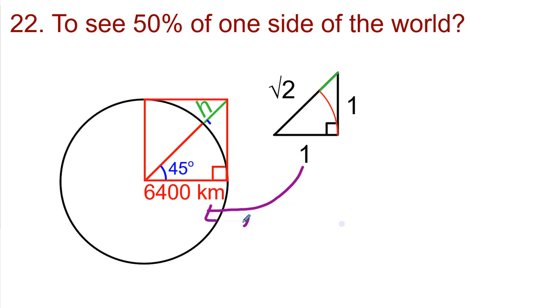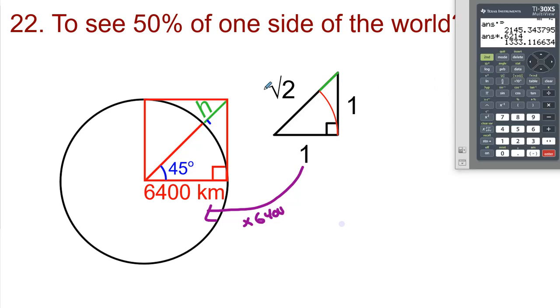So that's just going to be times 6,400. So what does this one turn into? 6,400 radical 2 kilometers, right? So if I just want to know the height above there, not the distance from the center of the Earth, but the distance above sea level, which is how we would measure the height or the elevation of the International Space Station, all we would have to do is take radical 2 minus 1 and multiply it by our scale factor, because that'll give us this green part right here.